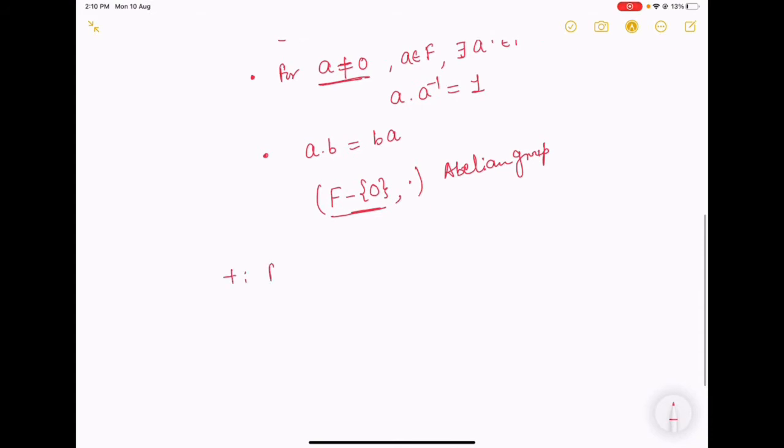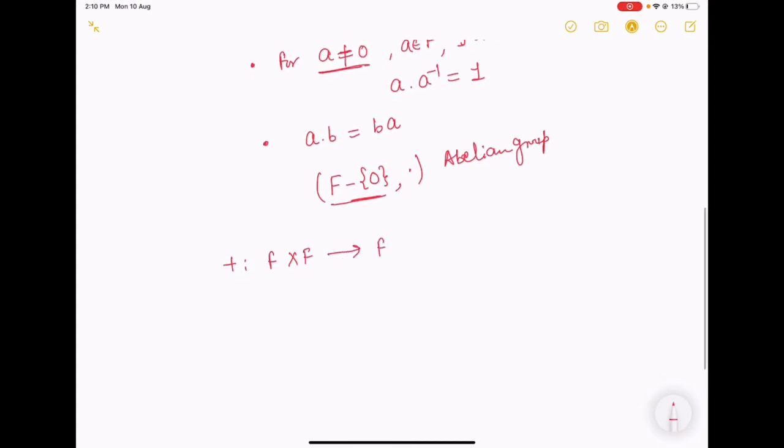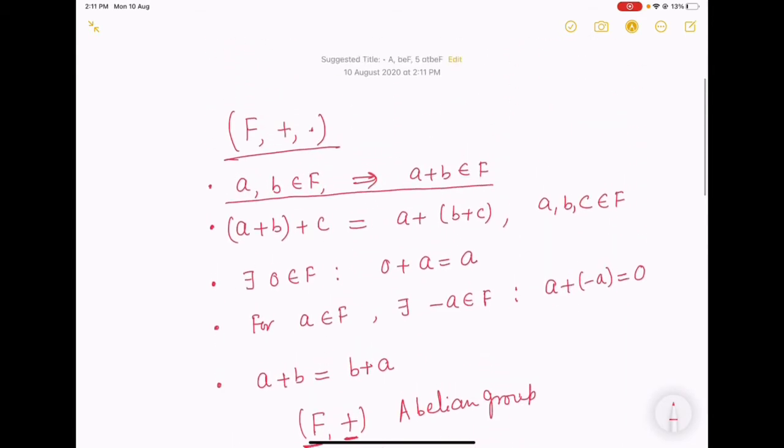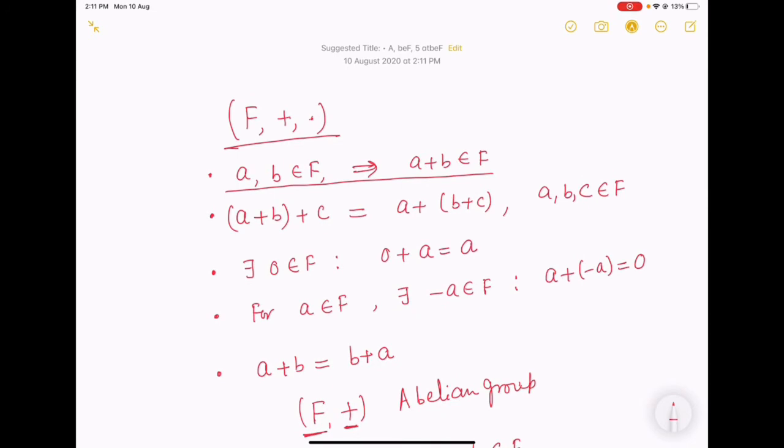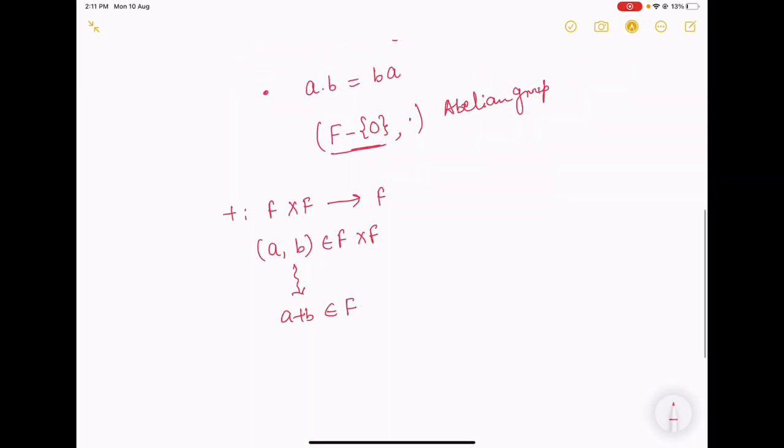Addition is a map from F cross F to F. This map itself defines that any two elements A, B belonging to F cross F give you A plus B, and A plus B is a member of F. So this is the same as A, B belongs to F implies A plus B belongs to F.